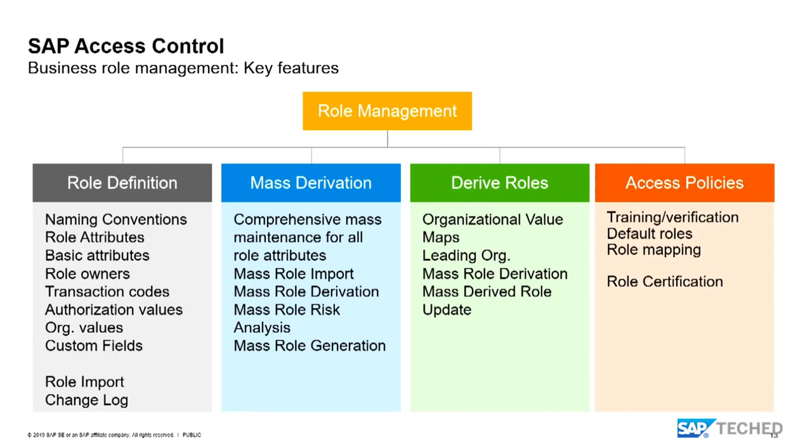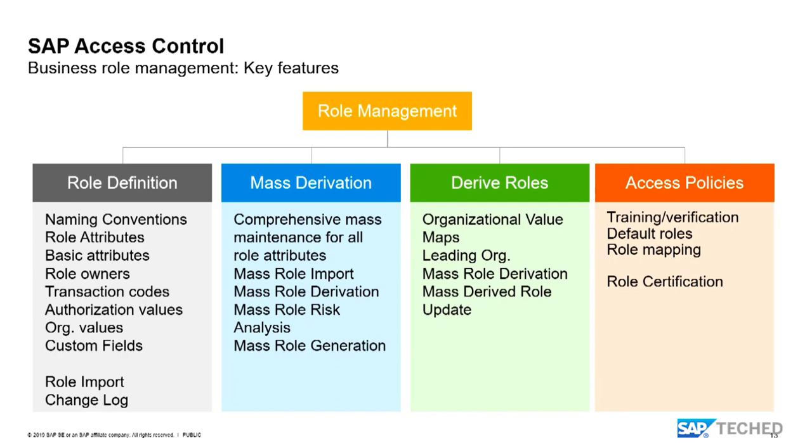If you work with ABAP systems, then you will also deal with transaction codes and authorization values. You might have org value mapping, for when you want to do mass derivation of roles, for example a role that you then map to every company code or every country that is relevant for you. That is something you can do with access control to come to a specific role for every kind of situation that might be relevant in your organization.